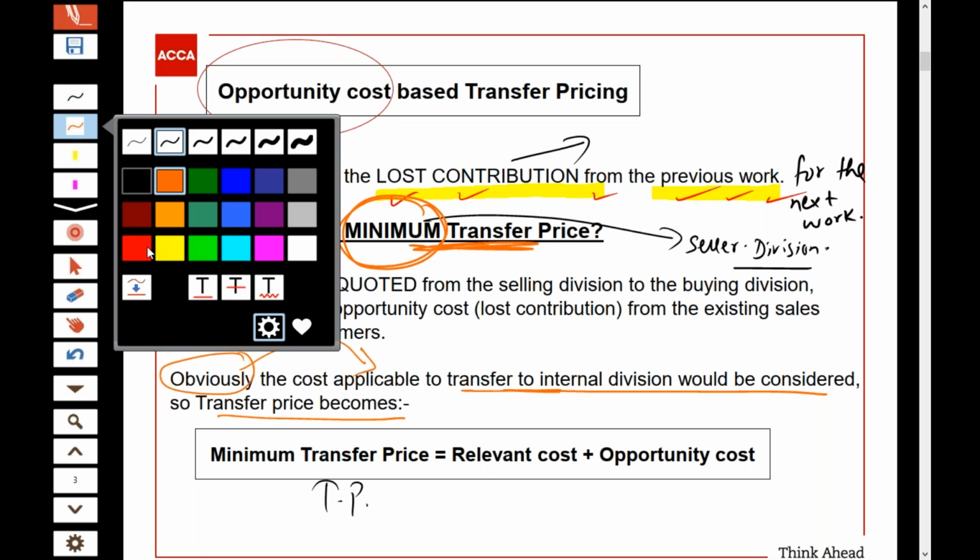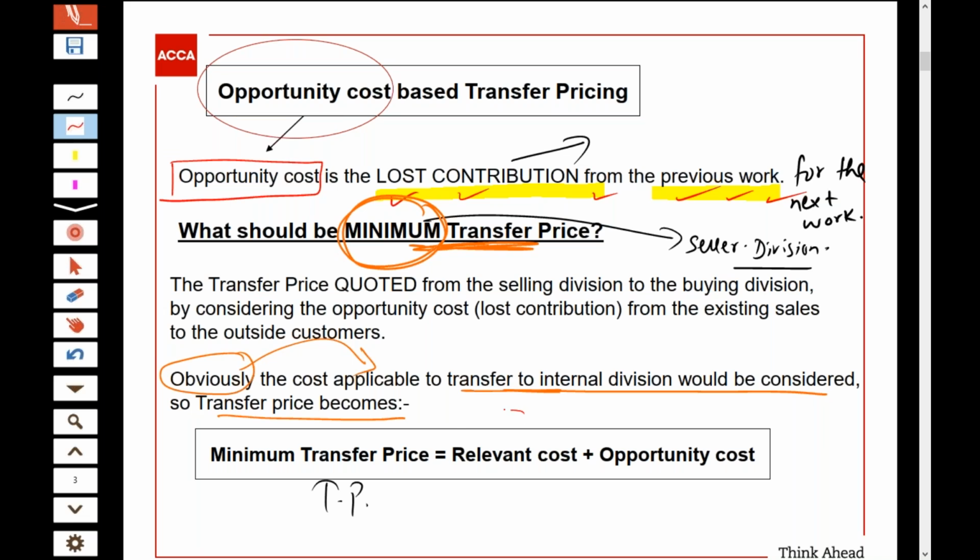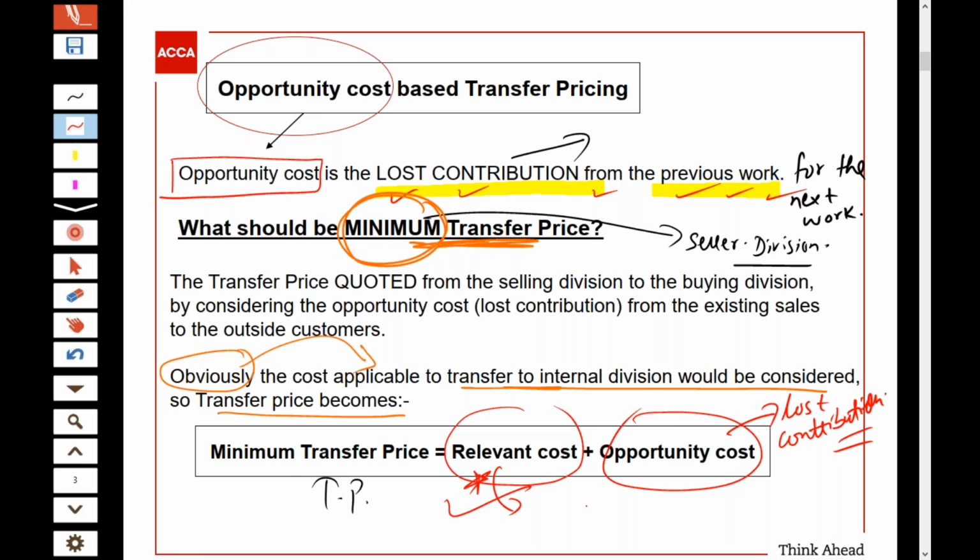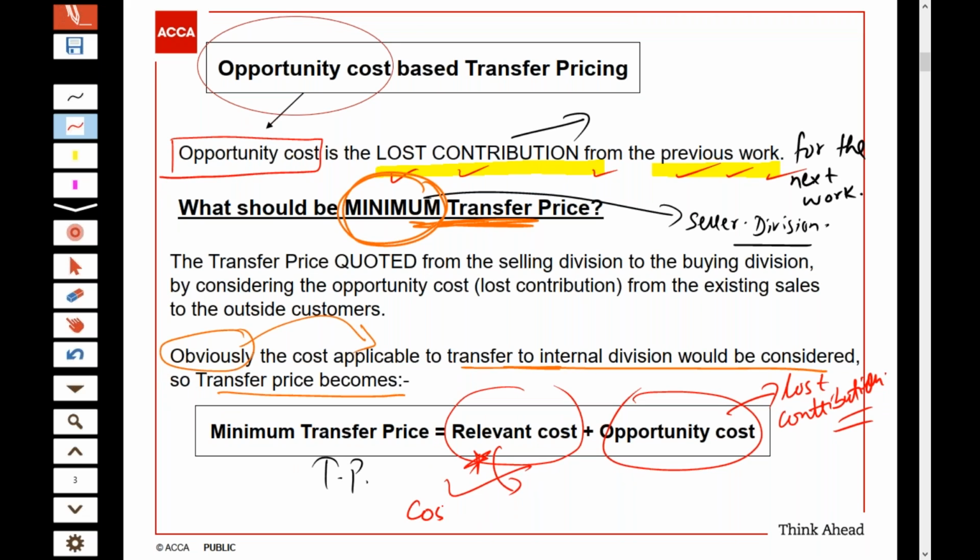Now there is a point to be noted. What is written? The relevant cost plus opportunity cost. What is opportunity cost? The lost contribution. The relevant cost means the cost necessary for transferring the goods.